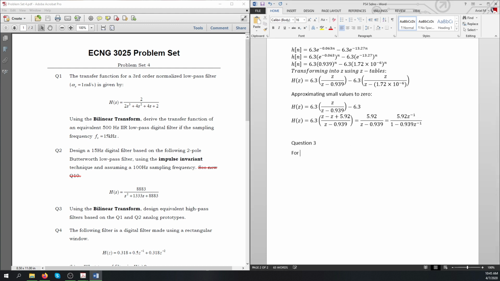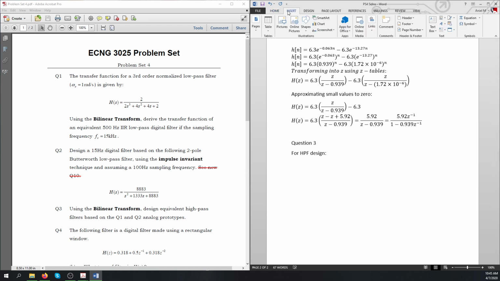So for a high-pass filter design, the f of a equation here will change accordingly.